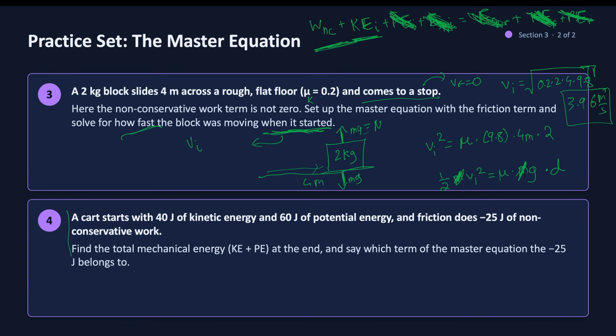A cart starts with 40 joules of kinetic energy and 60 joules of potential energy, and friction does negative 25 joules of non-conservative work. Find the total mechanical energy. So mechanical energy is another phrase you need to know. I think we went over it before, but if you don't remember, a quick recap: mechanical energy is just kinetic energy plus potential energy.